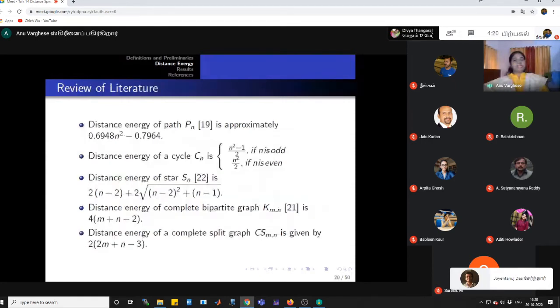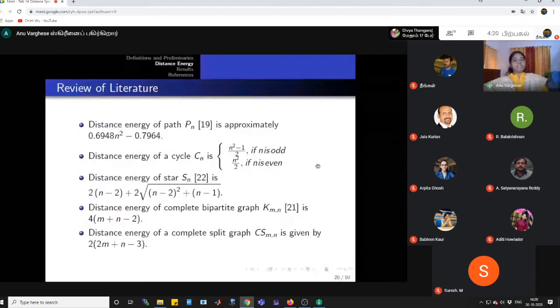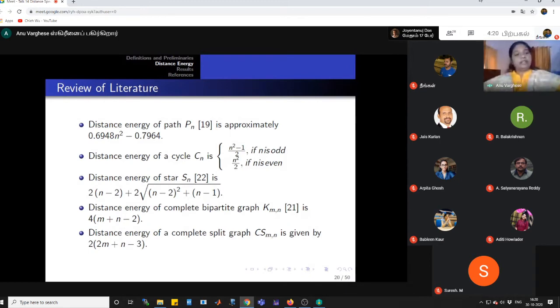These are some examples of distance energy of graphs. Pn denotes a path of order n. There is no closed formula for the distance energy of a path. This is an approximate formula for finding the distance energy of a path.